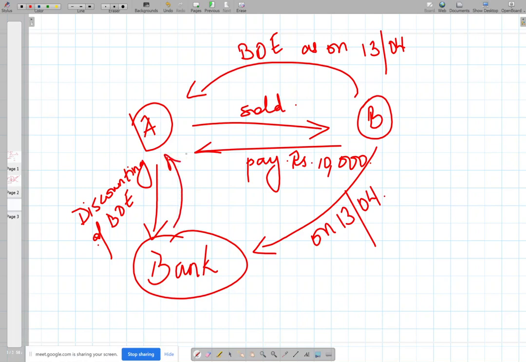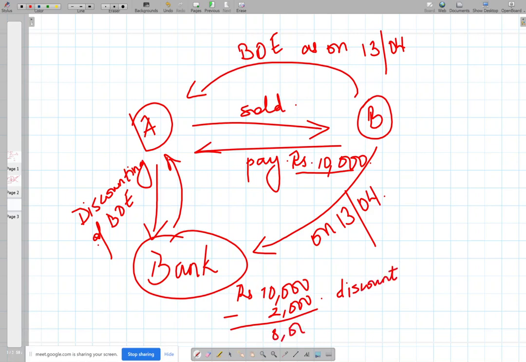So what does the bank do? If the promissory note has 10,000 mentioned on it, the bank is going to take that 10,000, it will minus a small amount called a discount. Discount is nothing but the bank's commission for giving you that money in advance. It will minus that amount, and the remaining 8,000 it will give to Mr. A. Have you followed?